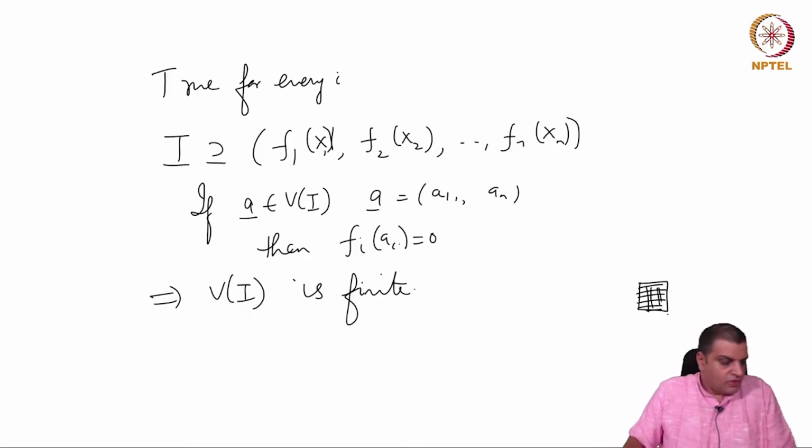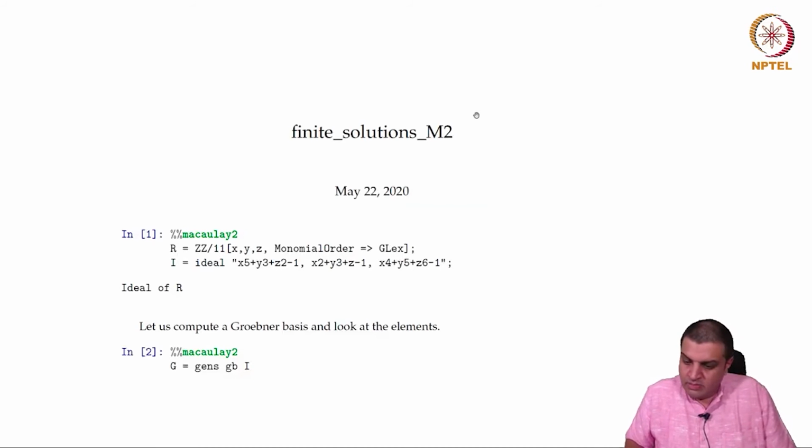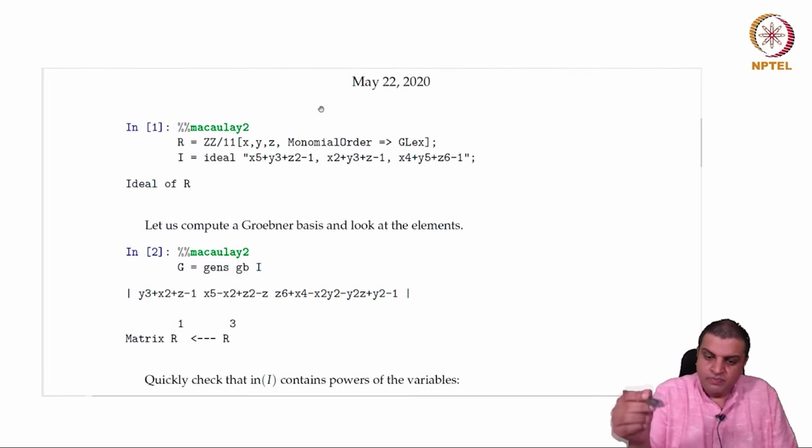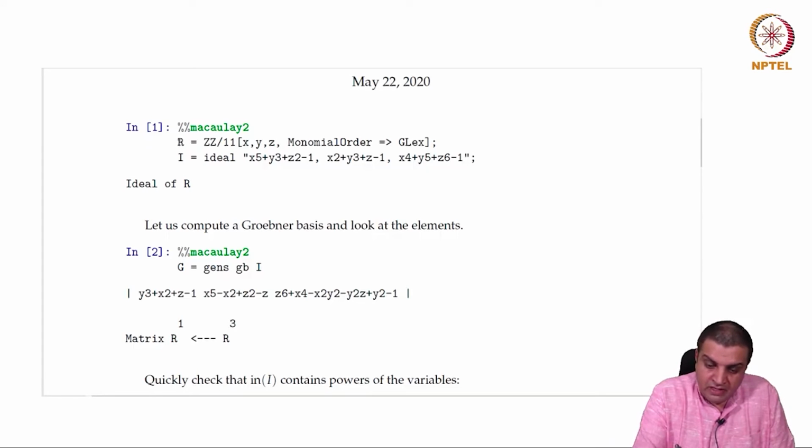Now let's look at these things in Macaulay2. Ignore this first line; it just says that we are running some Macaulay2 code. We are defining a polynomial ring.